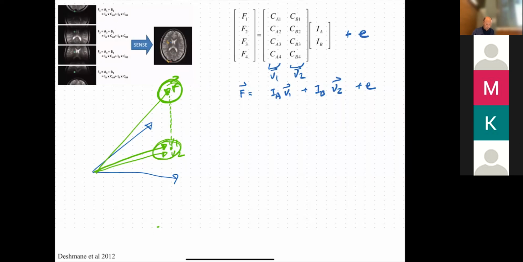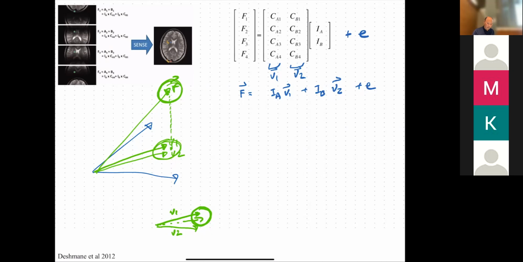So let's say that projection is here, and it can be in some vector here. And then I've got these two vectors, v1 and v2. Okay. So you notice that these two vectors are very similar.